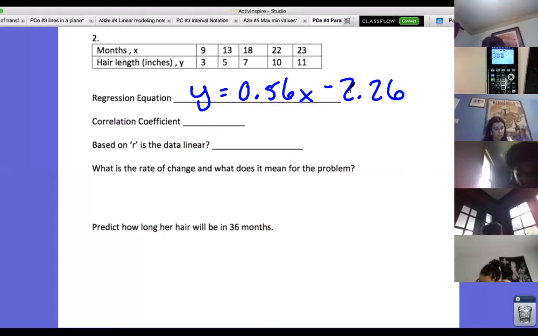My correlation coefficient is what the R value is. So my R value is 0.99. Does anybody not see this correlation coefficient on their calculator?